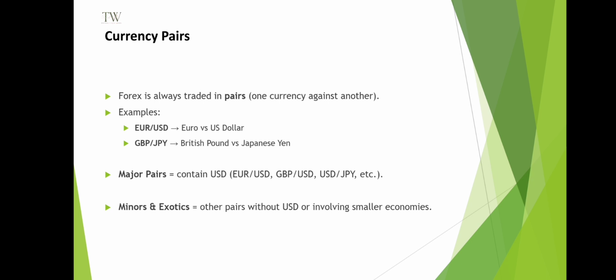For example, we have the Euro USD, all right. We have the GBP JPY, that is the Great Britain pounds, and the Japanese yen, all right. So we also have the GBP USD, Great Britain pounds, and the US dollar. We have the USD JPY, we have the AUD USD, NZD USD, some people call it NZD.